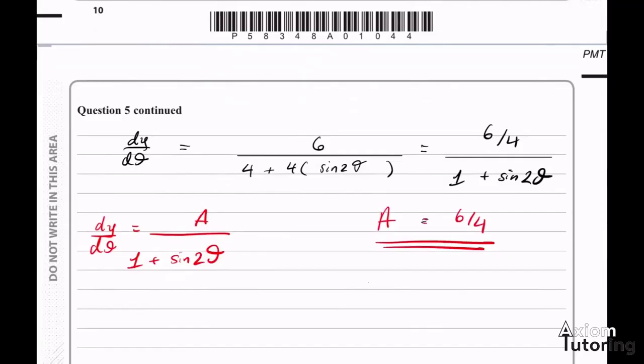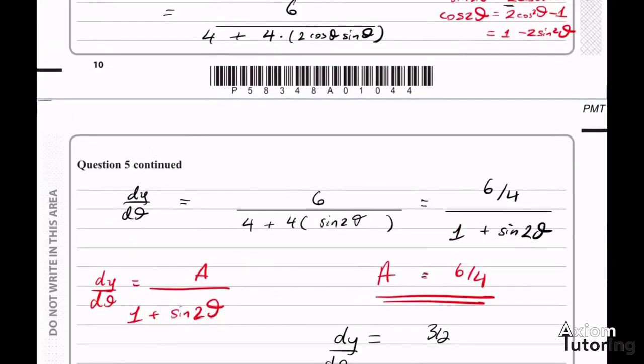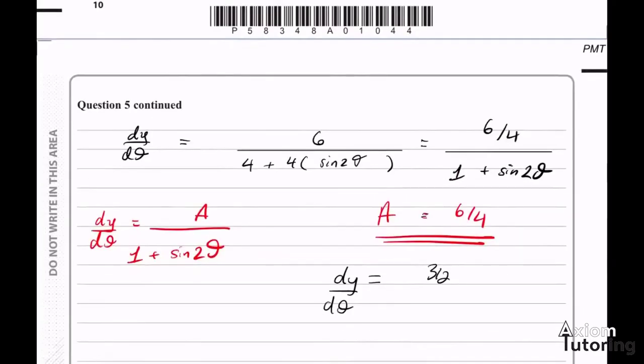And therefore, I'll write the whole thing here. Our dy over d theta is actually 3 over 2. Now, because we're going to write it in this fractional form, I'll just write it as 1.5 over 1 plus sine 2 theta.